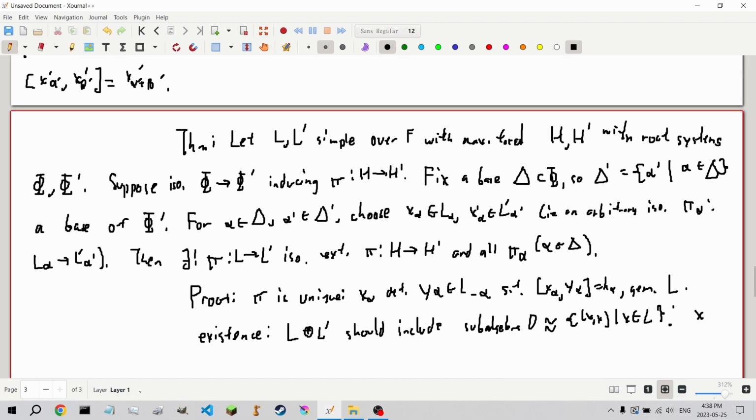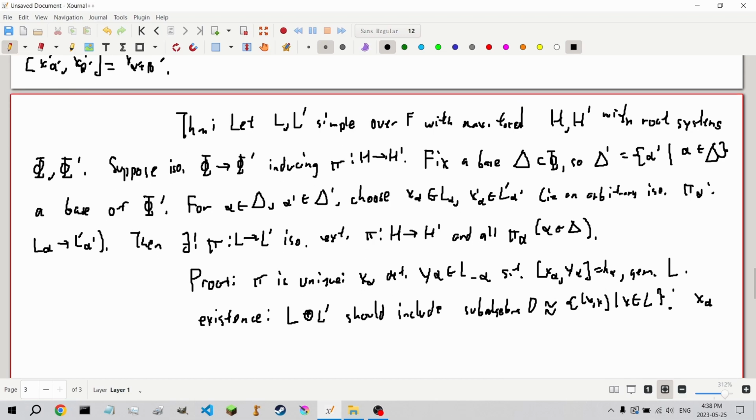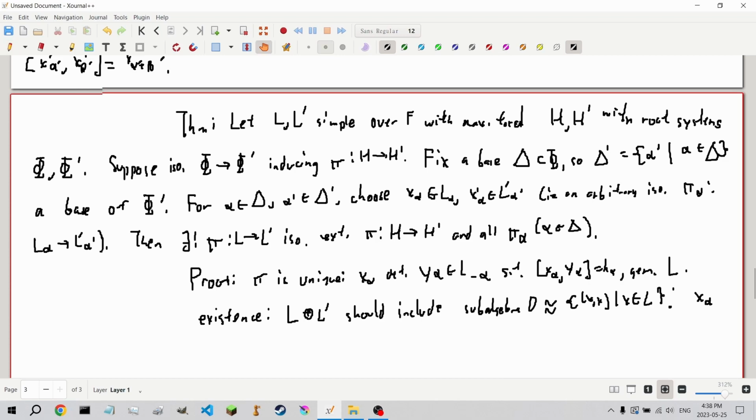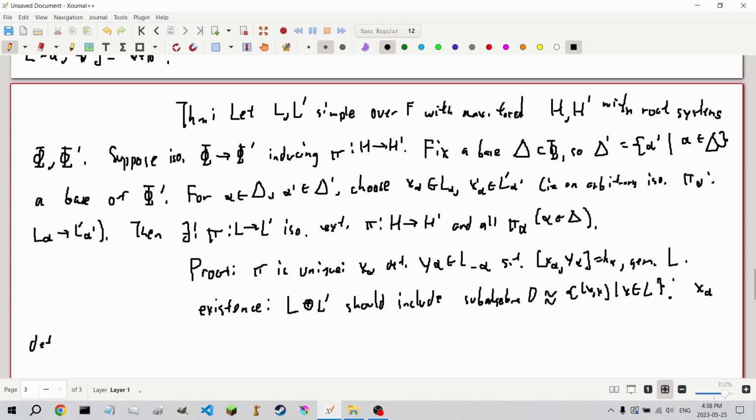So, and we see that x alpha determines a unique y alpha in L negative alpha for which the bracket of x alpha and y alpha is h alpha, then we get the same structure in L prime.